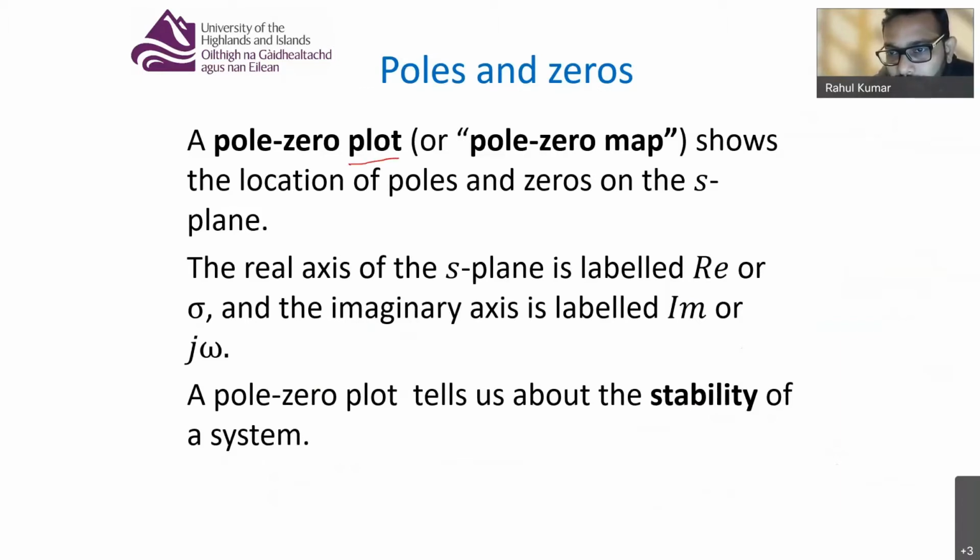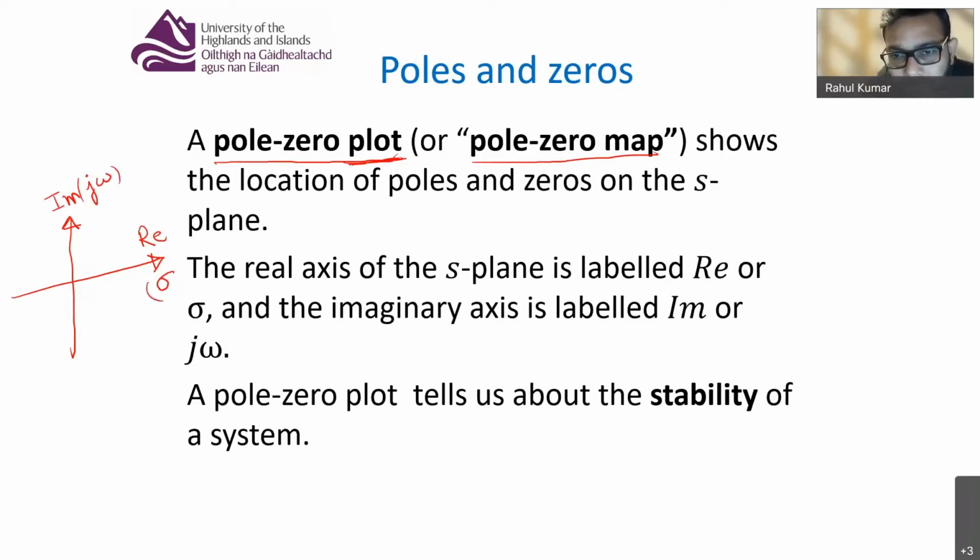Okay, we plot them, and that plot is called a pole-zero plot or pole-zero map. Now the pole-zero plot is simply your xy plot, where your x-axis represents the real values, and it is denoted by sigma, and the y-axis is your imaginary axis and it is denoted by j omega.